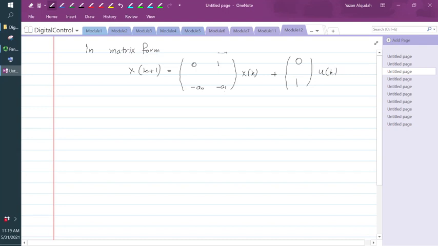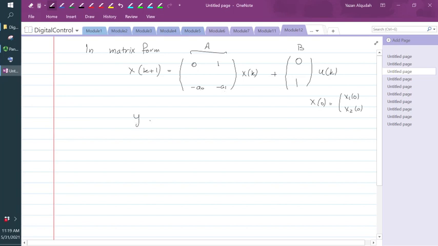This is my A matrix, this is my B matrix. And x of 0, I can write as x1 of 0, x2 of 0. These are the initial conditions.